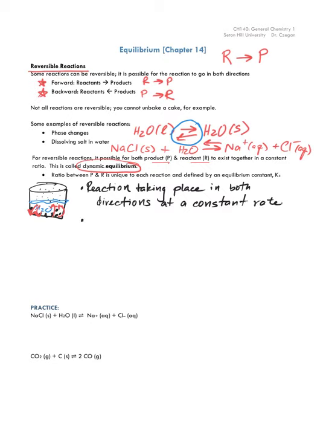And so even though the reaction is taking place, it appears like the reaction has stopped because the concentrations stop changing. Concentrations are not changing, so it appears like the reaction has stopped.